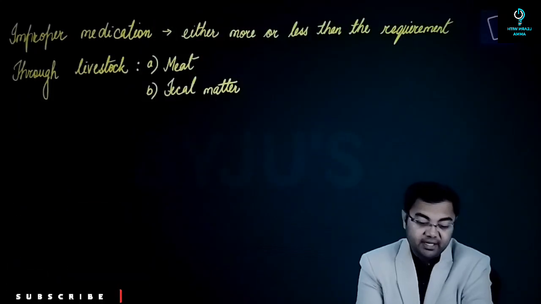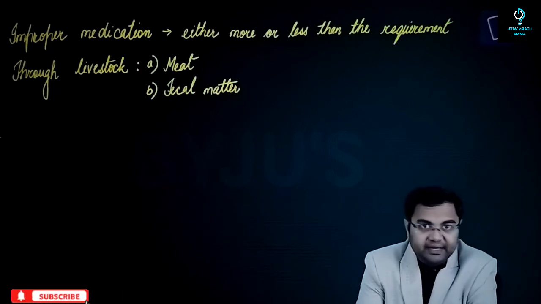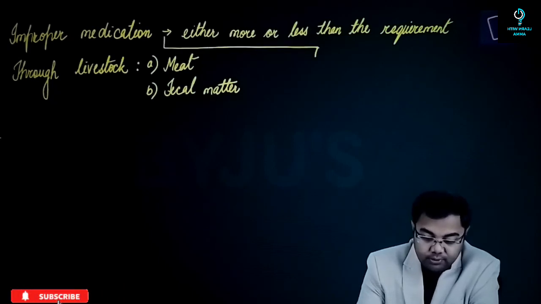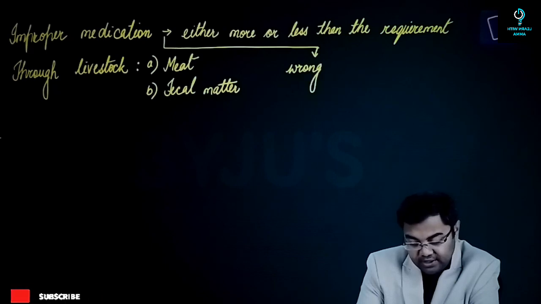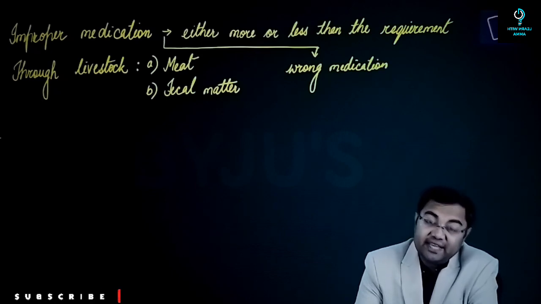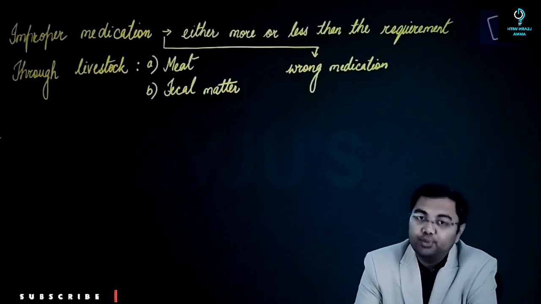Now there is another way in which this drug resistance can build up. One is definitely about medication, either taking more or less than required, or also, I would add another point, taking wrong medication. So one is that you are taking the correct medication but not in the prescribed dosage. Second way could be that you are taking the wrong medicine. As I gave you the example, for any fever you feel that paracetamol would work.